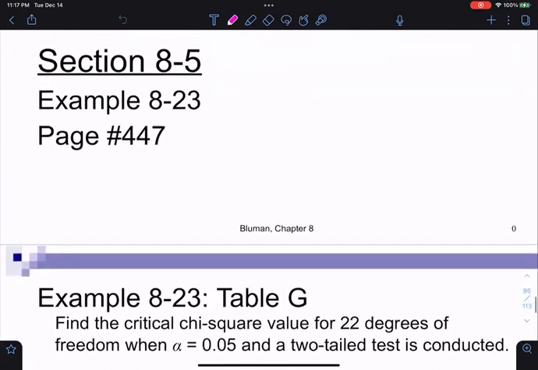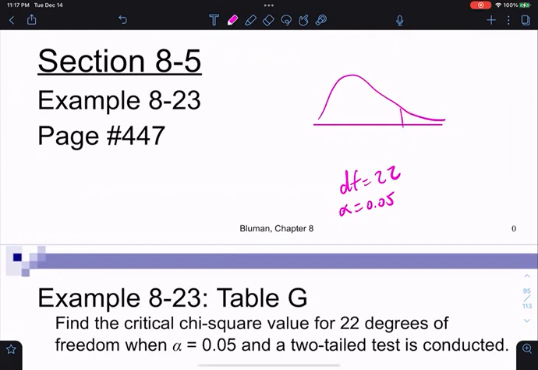So here they're asking you to find the critical values for 22 degrees of freedom and alpha 0.05. Not a big deal. This time, because the chi-square is skewed to the right, you need to find both values. If you want to find the value to the right, you just use 0.05 and 22 degrees of freedom.